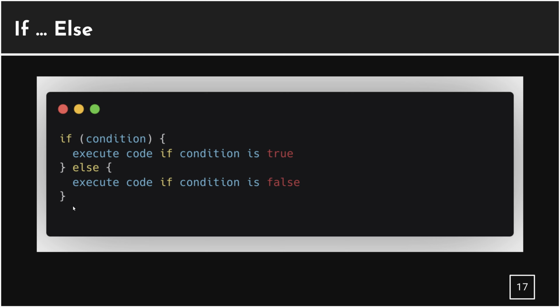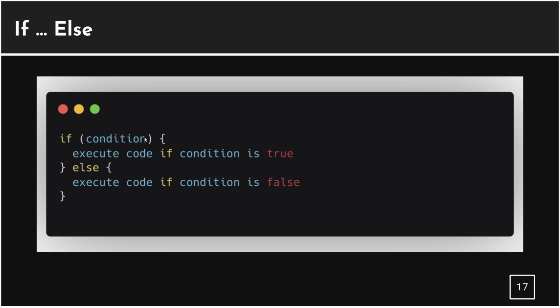We also have the if-else statement. The if-else statement is used to account for both cases, meaning if the condition evaluates to true and if the condition evaluates to false. So if the condition evaluates to true, we have this code block that will be executed, and then we skip to the end of the conditional statement.